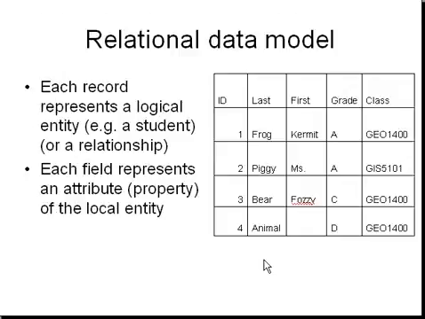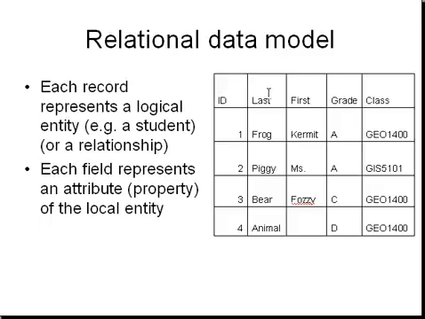So basically, here's an example of how a relational data model works. Each record in your attribute table represents a logical entity. In my example here, students are the logical entity, right? Kermit the Frog, Miss Piggy, Fozzie Bear, and Animal, 4 students. Each field, each variable you might think of, variable name, represents an attribute or a property of the logical entity.